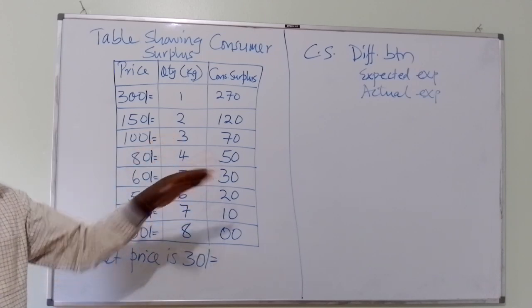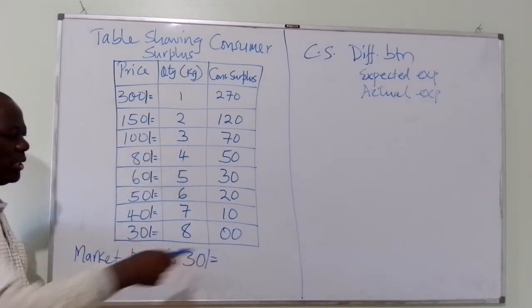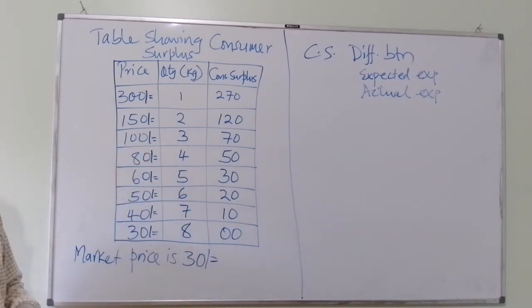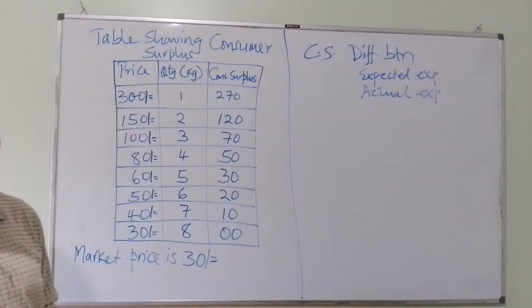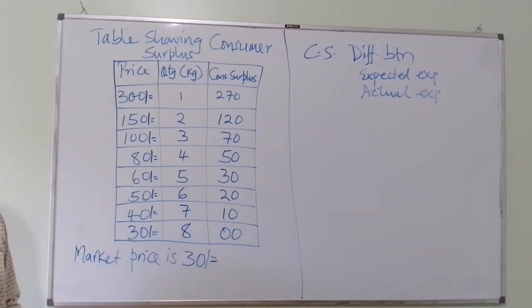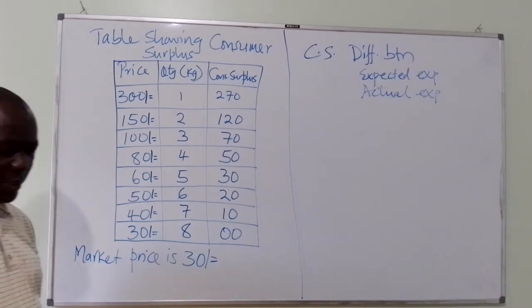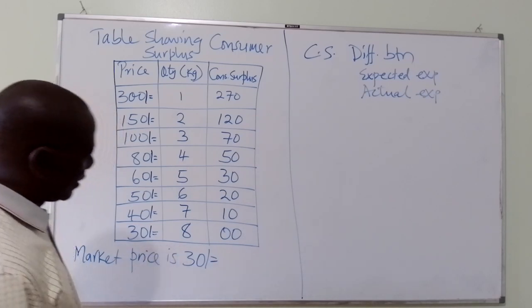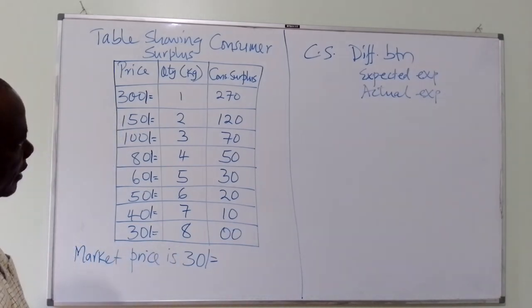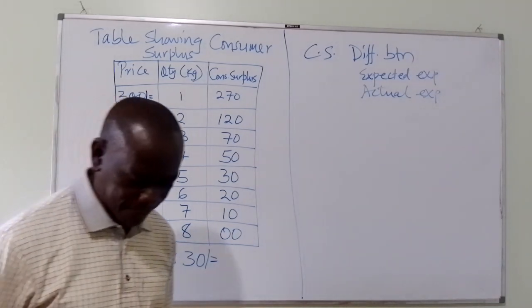You can take time and draw a demand curve for this. Actually, we can draw it later on and see how it is, and we even see the consumer surplus. But let us first look at the mathematics of it. The mathematics of it is showing us how much he is going to have as consumer surplus.